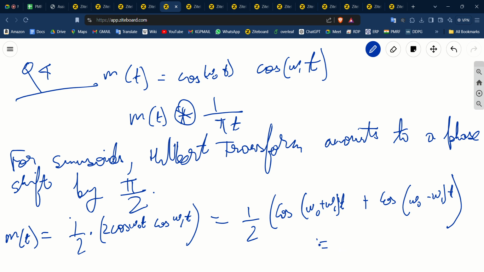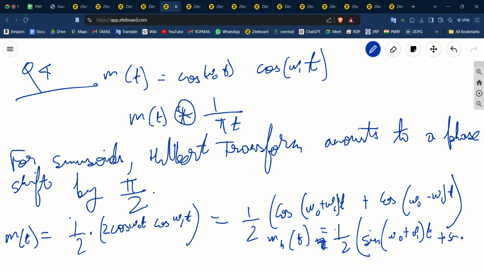Now the Hilbert transform mht is simply a phase shift by pi by 2. So when you phase shift cos by pi by 2, you get sine. So sine omega naught plus omega 1 t plus sine omega naught minus omega 1 t.